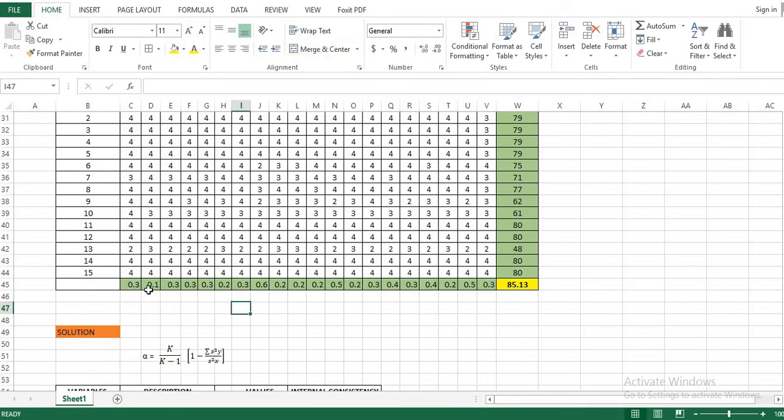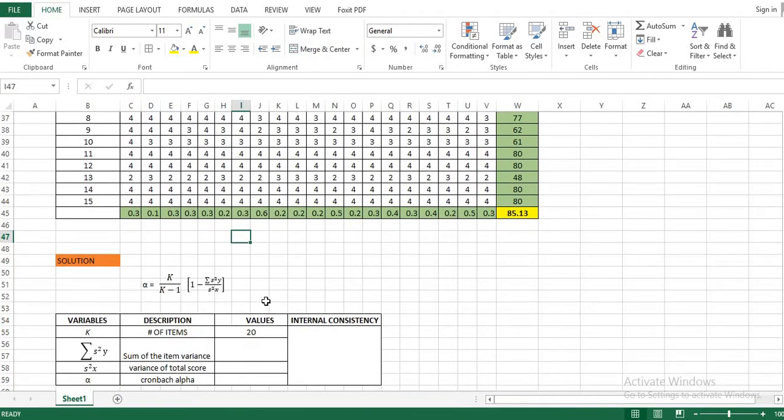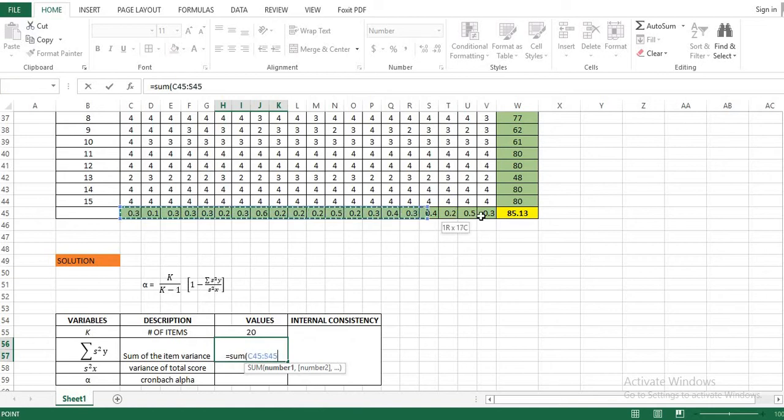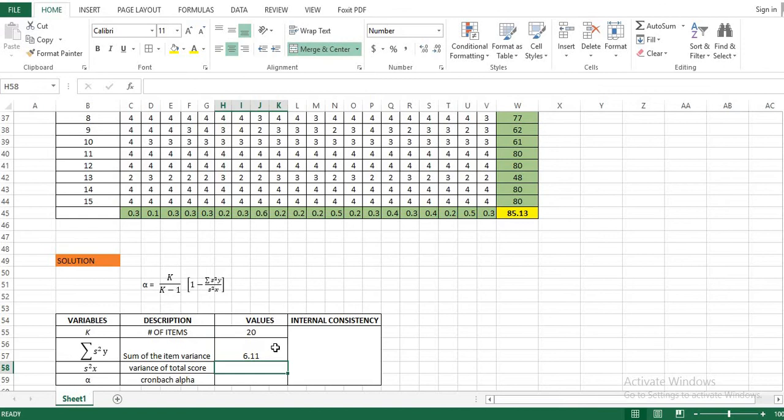So now we are going to have it as a whole. Sum of the item variance: just simply input the formula SUM and then highlight this until question 20, enter. So that is the sum of the item variance.